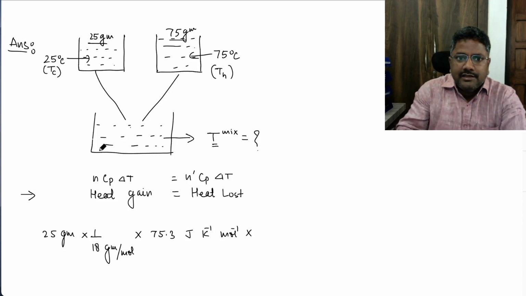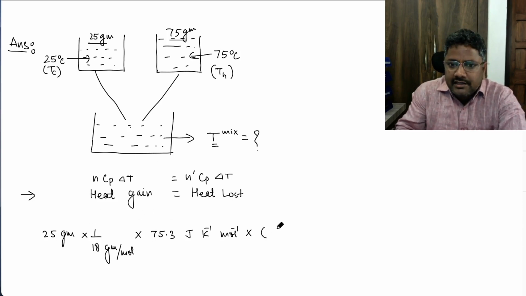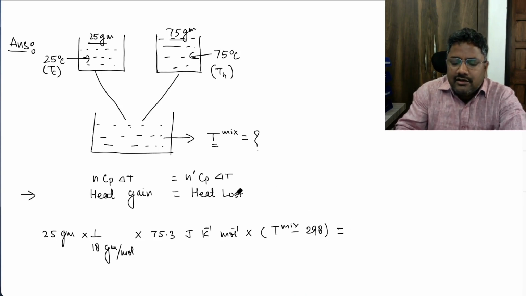Here this will gain temperature because this is low temperature. So here delta T is T final or T mixture minus 298. 25 degrees means 298. This is equal to heat loss.